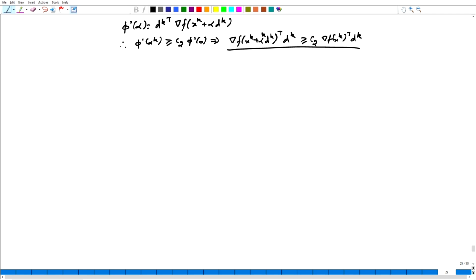Of course, it is not exactly the same, but the conditions are very similar. Suppose you want to prevent backtracking line search from choosing arbitrarily low values of alpha, you can impose either Goldstein's condition or Wolfe's condition.